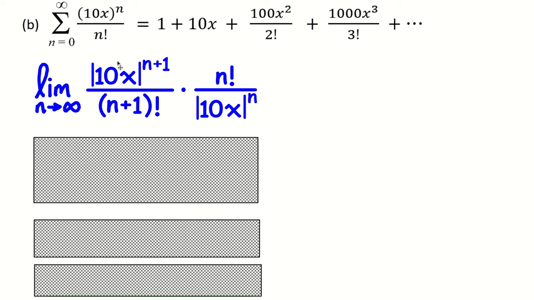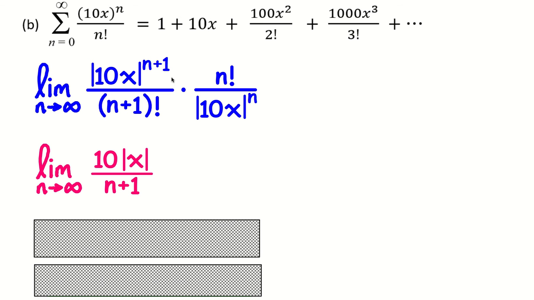And check it out, there's going to be canceling here. And with the factorials, there's also going to be canceling here, won't there? So you end up with 10 absolute value of x. And then when these two things cancel, you're left with just n plus 1.